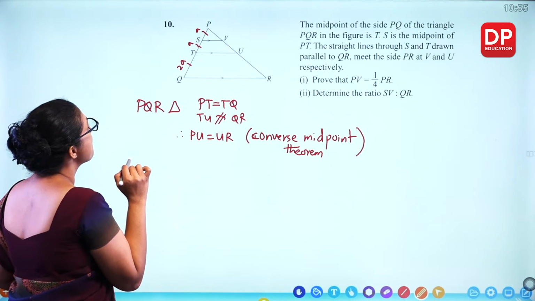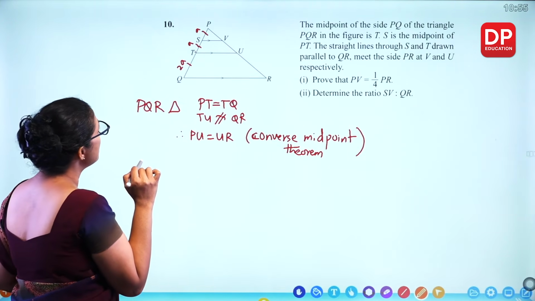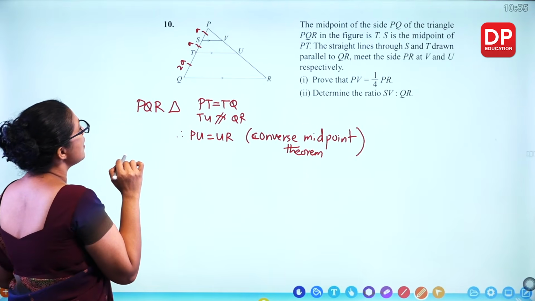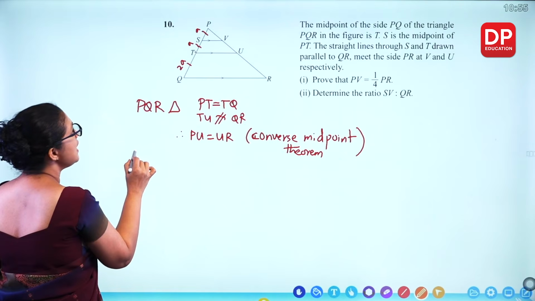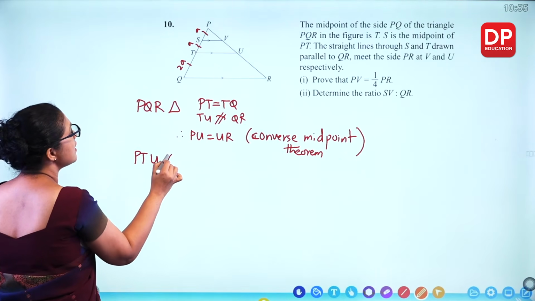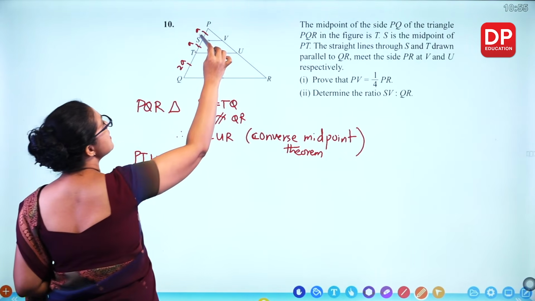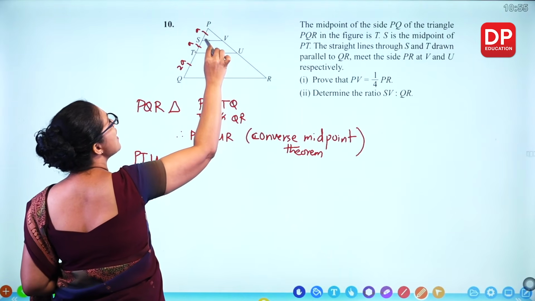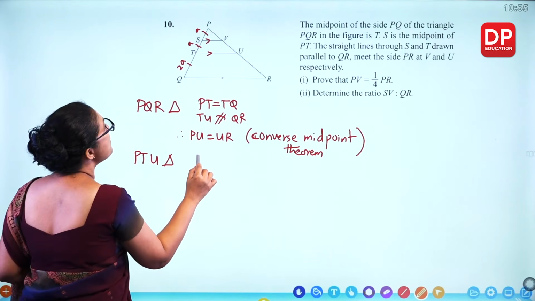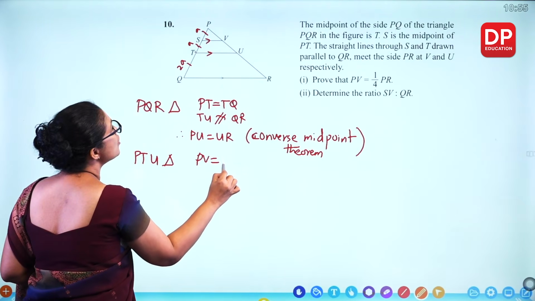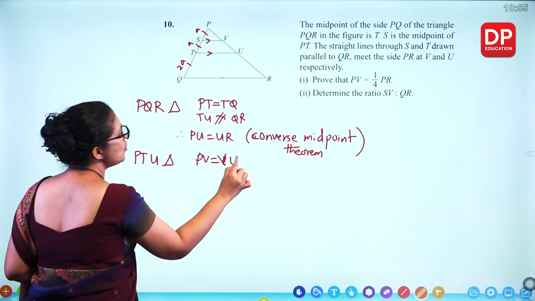Then what can you say about the other side? If you take triangle PTU, again the same thing happens. This is the midpoint and these two lines are parallel. So we can say PV is equal to VU.